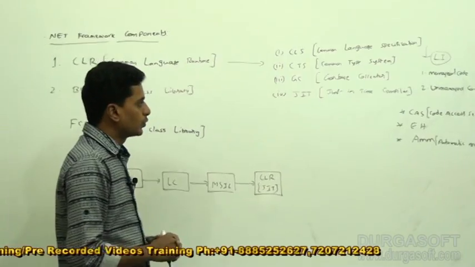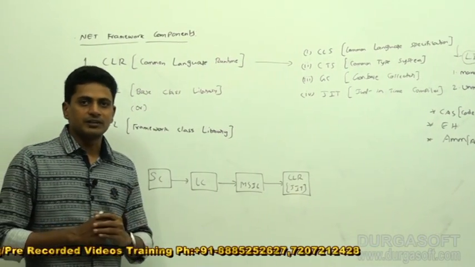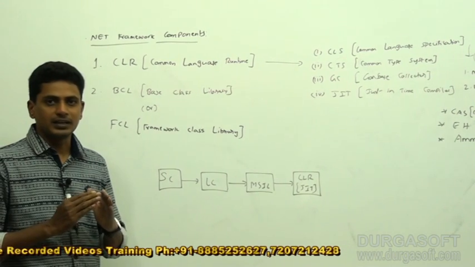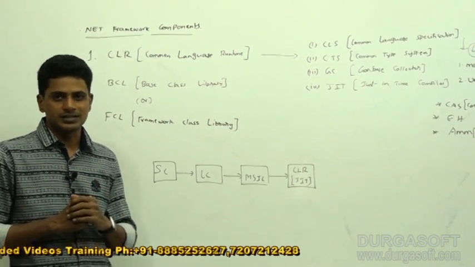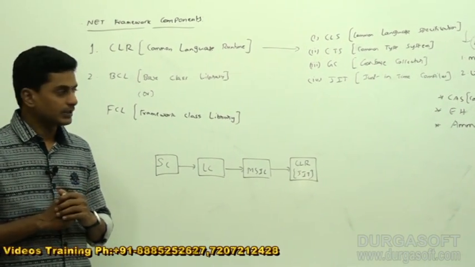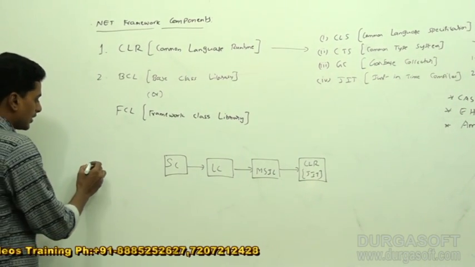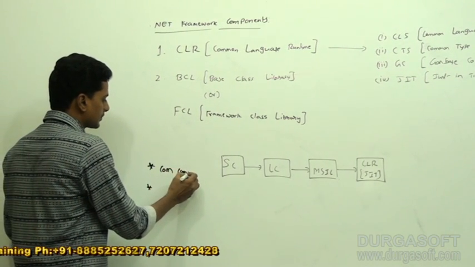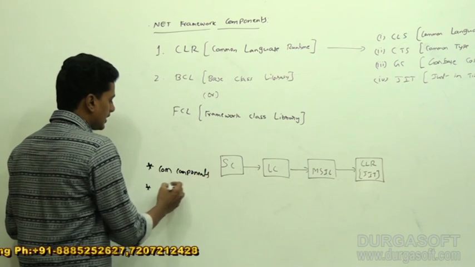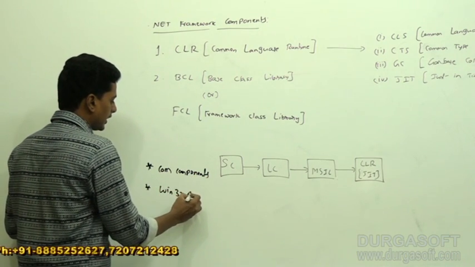Then unmanaged code means the programming languages that existed before development of .NET. .NET also supports program execution for those programming languages, that is COM components and Win32 API.